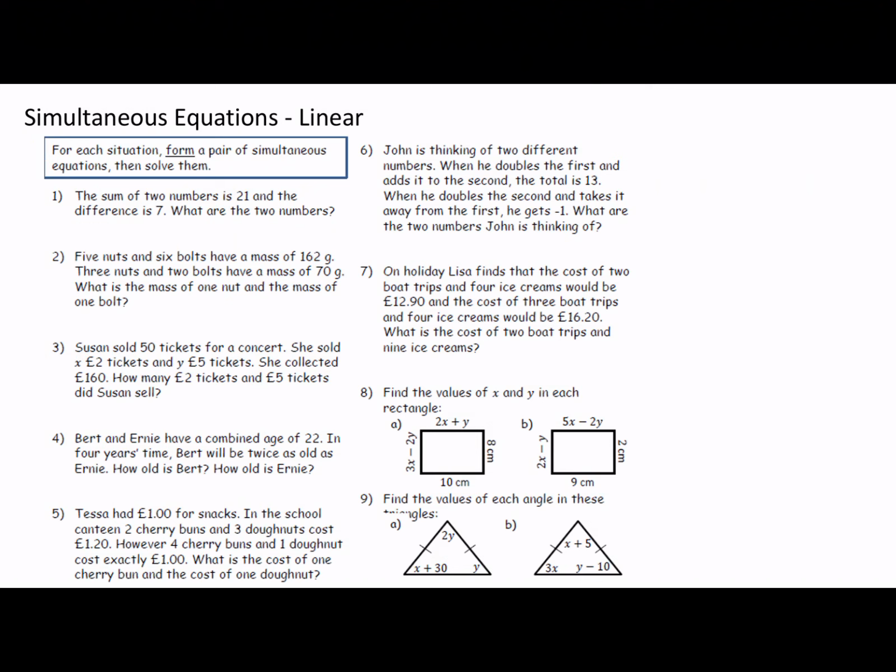Those are the ones based on geometry where you've got to think about 2 things that are going to allow you to set up an equation. Questions 1 to 7 are more similar to the first example, and I think these should be very achievable. So question 8 and 9 are the challenge. So pause the video here and see if you can set up your simultaneous equations and solve them.